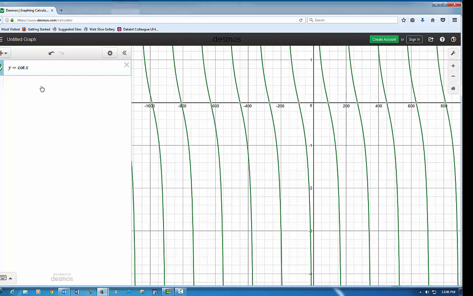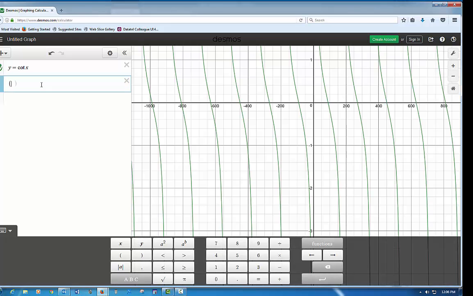Because if you were to do the point 0, 1, which is here, 0, remember, is cosine, 1 is sine, and cotangent is cosine divided by sine. So this would be 0 divided by 1, which would be 0. So at that point, which is out 0 and up 1, that's at 90 degrees.